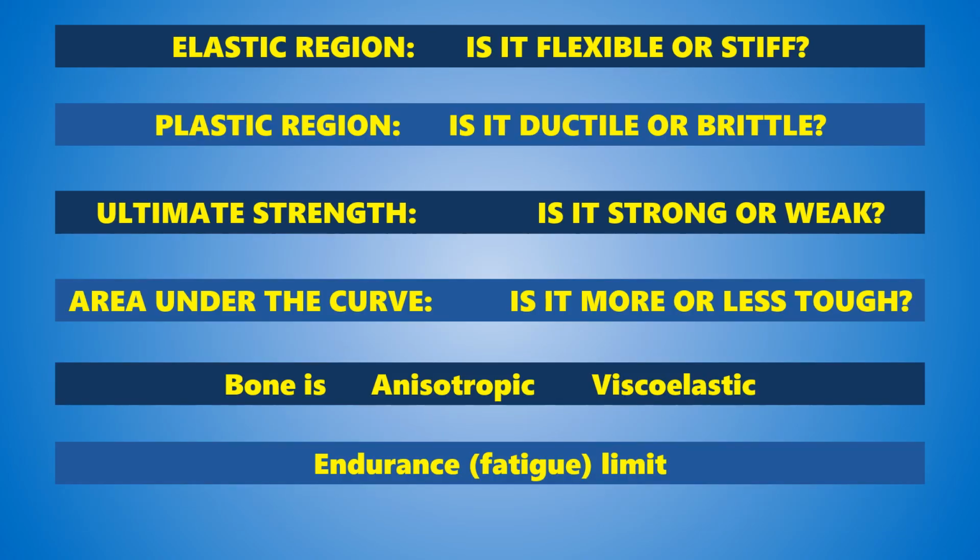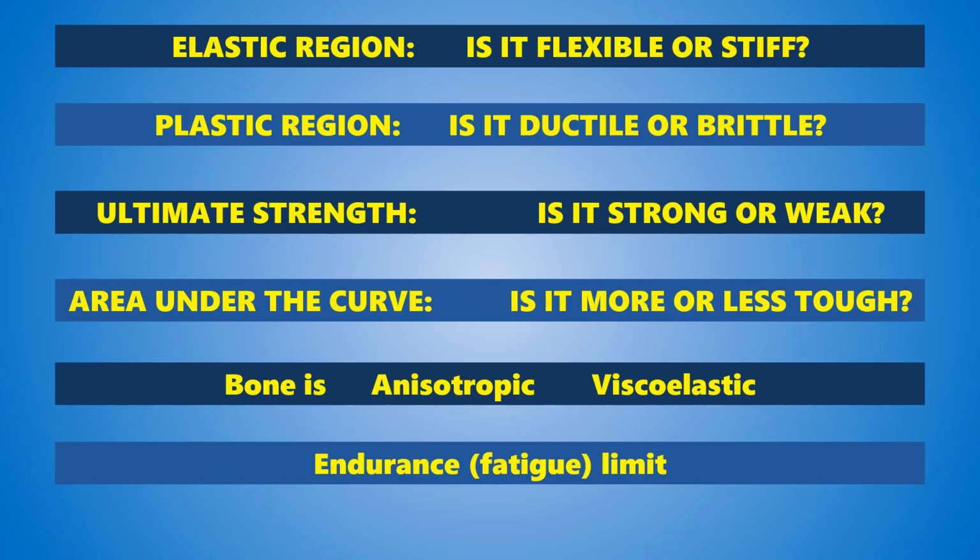Let's recap and see what we have learned so far. With respect to the elastic region, you are allowed to use the following terms: flexible and stiff. You can say that material A is stiffer than material B, or material B is more flexible than material A. In the plastic region, you can use the following terms: ductile and brittle.